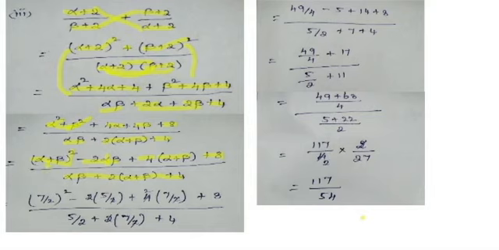So we are going to apply the value of alpha plus beta. Alpha plus beta is 7 by 2. 7 by 2 the whole square minus, so alpha beta is 5 by 2, so 2 into 5 by 2 plus 4 into alpha plus beta is 7 by 2, so 4 into 7 by 2 plus 8, divided by, so alpha beta is 5 by 2 plus 2 into alpha plus beta is 7 by 2 plus 4.